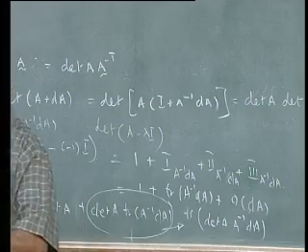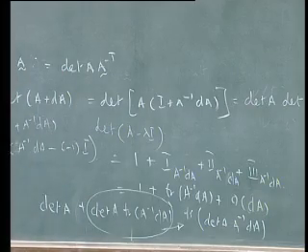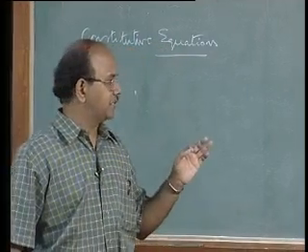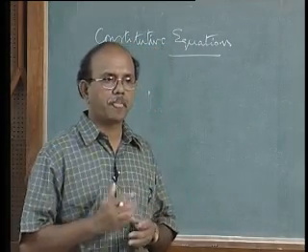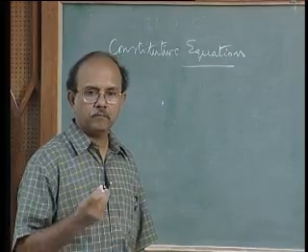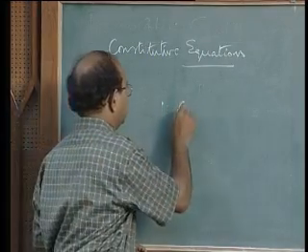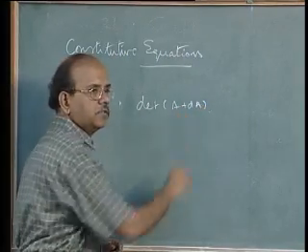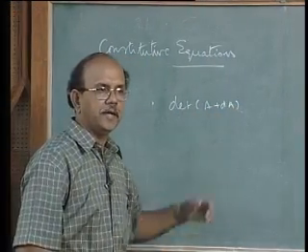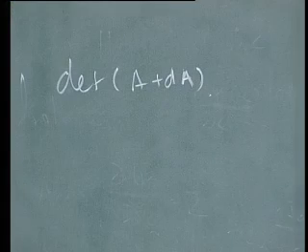That's all. So the procedure is very simple. The next step is to write this down in terms of the Taylor series expansion. Suppose I have phi of A plus dA. How do I write that down?